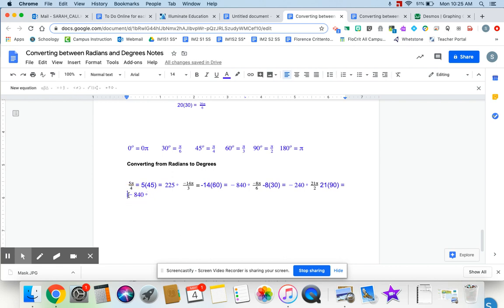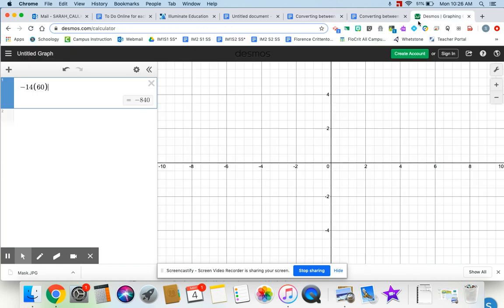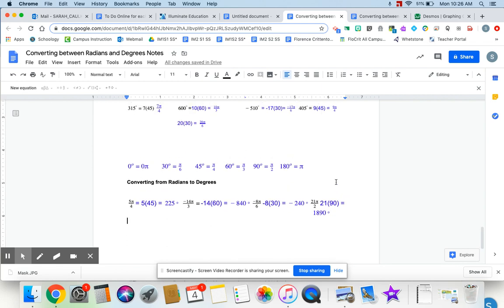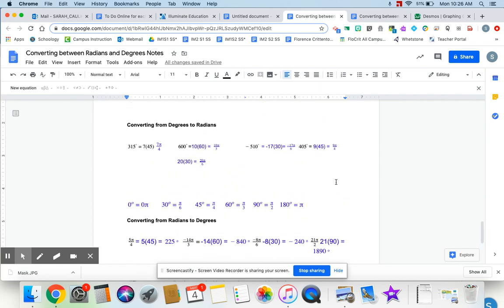So if I were to do 21 times 90, I get 1,890 degrees. That's how you convert from radians to degrees. So this is the math part that you need to know how to do. The rest of it was just for understanding. So, yeah.